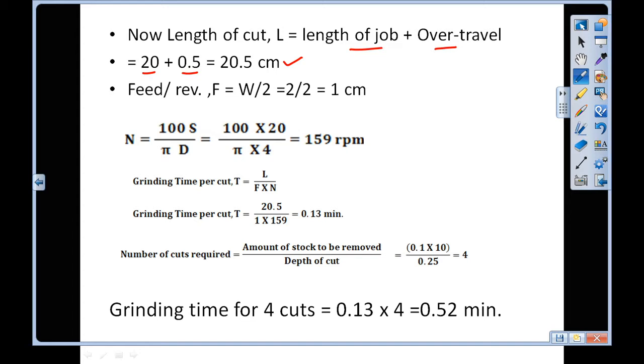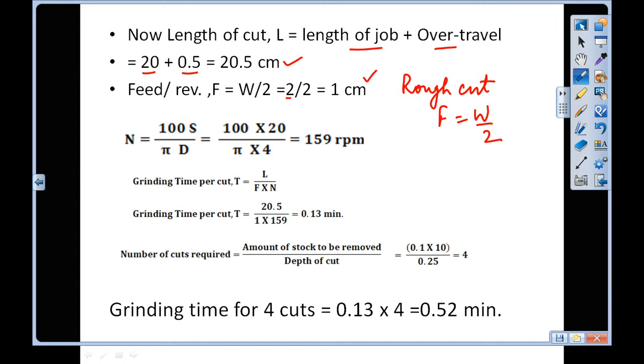The next parameter is feed per revolution. Because it is a rough cut, F is equal to W by 2. W is given as 2, so 2 by 2. So we have calculated F as 1 centimeter.